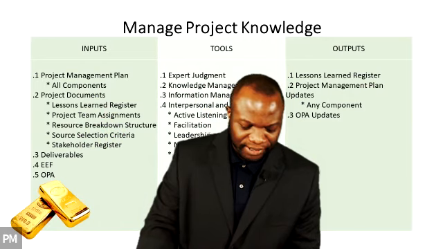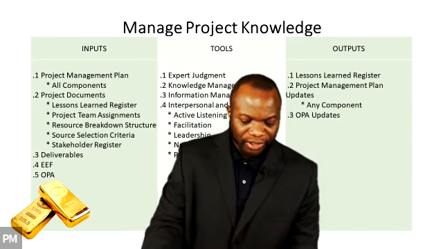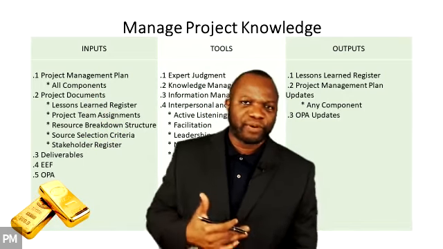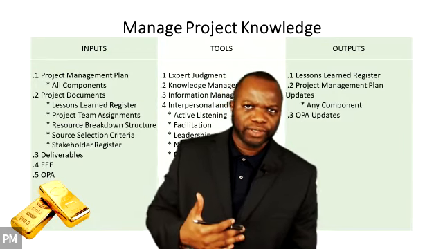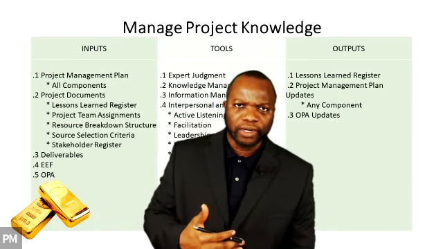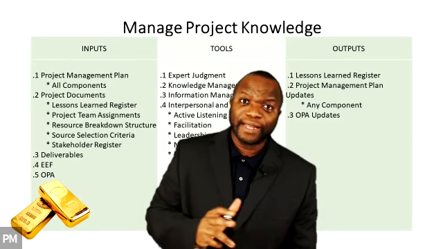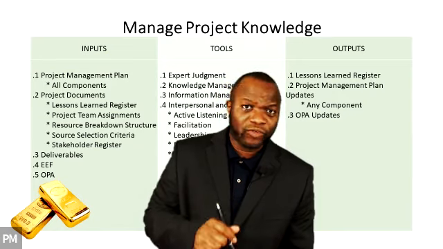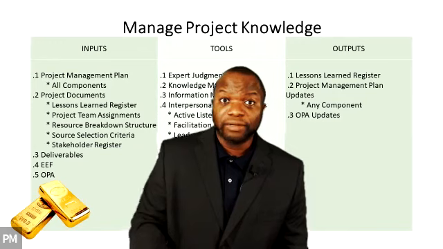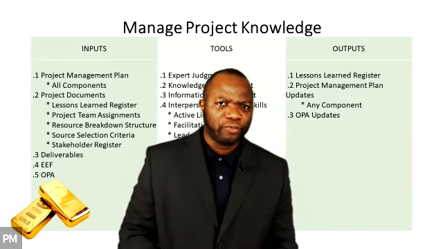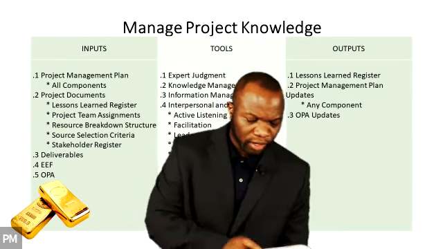It says, lessons learned register provides information on effective practices in knowledge management. So coming into this process, you want to already know what works and what doesn't work, so that as you do this in an iterative fashion, you are learning lessons right then and there from the project, and you are not repeating those mistakes, but you are repeating those home runs, those wins. You want to repeat them. Does that make sense?